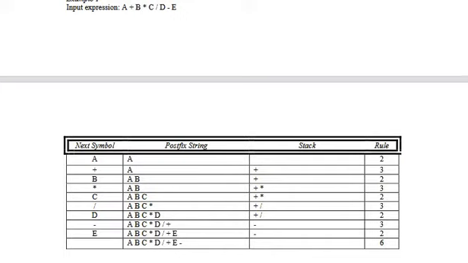We have four operators: plus, multiplication, division and subtraction, out of which multiplication and division have higher precedence, and they have equal importance. So multiplication is to be evaluated first. At this stage, look at the postfix string: A, B, C and the multiplication symbol.